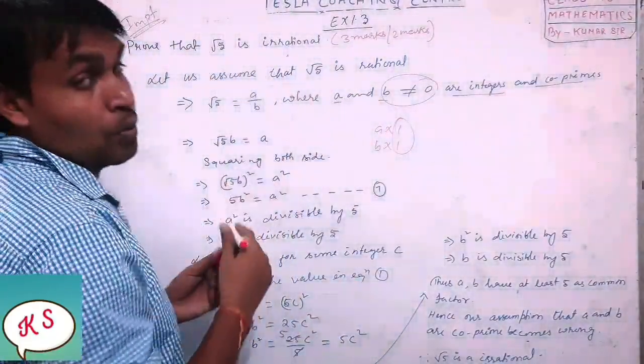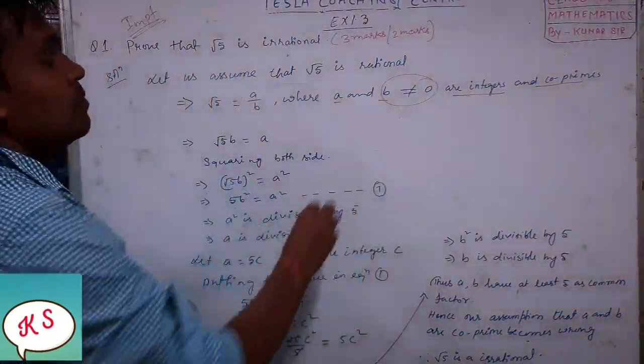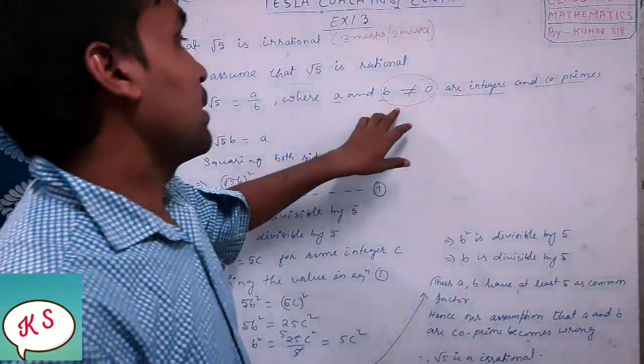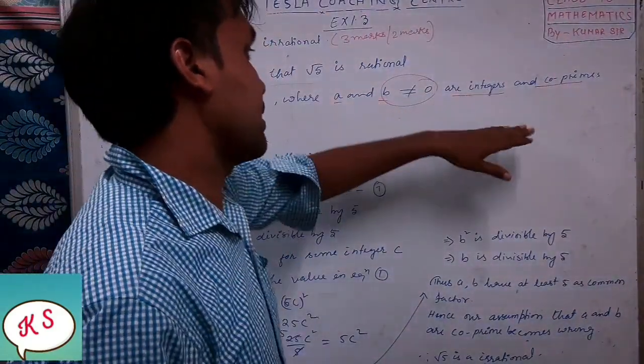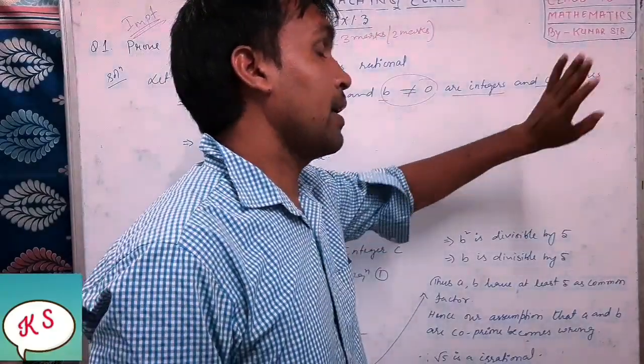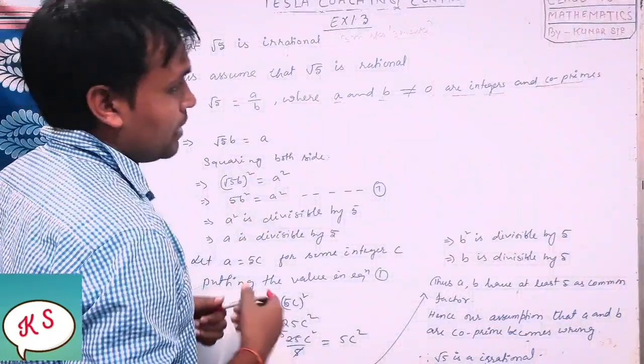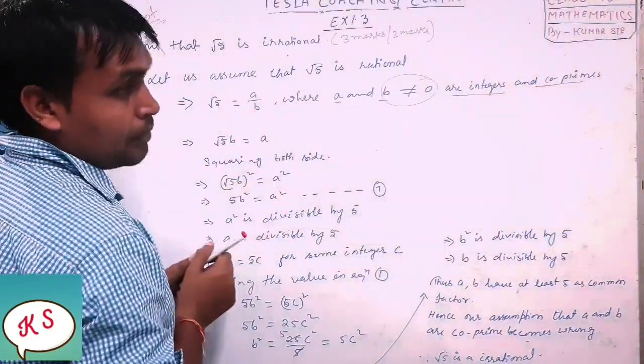That is the meaning of co-prime. So a and b are integers, b is not equal to 0, and they are co-primes. These are the considerations we have to make.